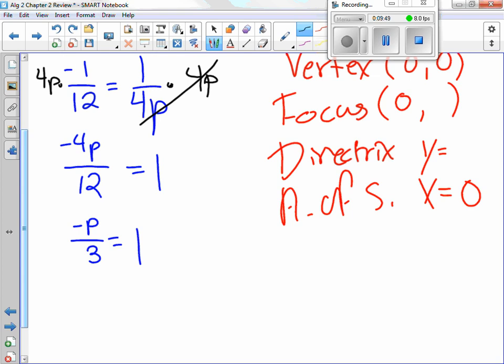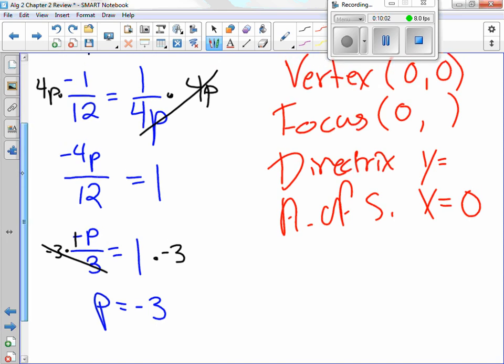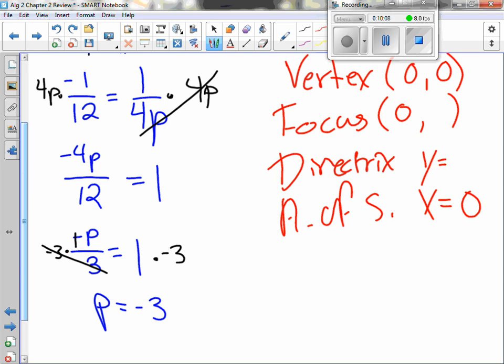Well, what do I need to do to get p by itself? I'm going to multiply both sides by negative 3. Because I will get p by itself, and it's positive, and it equals -3. Questions on how we found the value of p? We're good with finding the value of p?